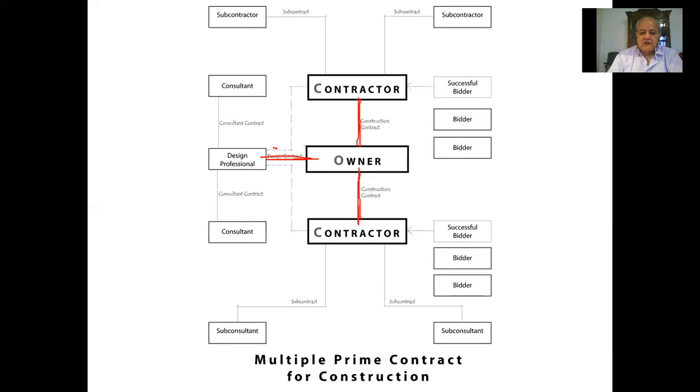The owner can provide you with the rights to supervise these contractors while they are working. But your relationship is with the owner, and the contractor is working for the owner. So you have to understand this relationship very, very well.